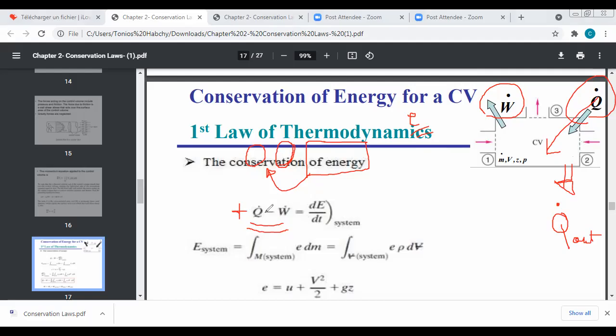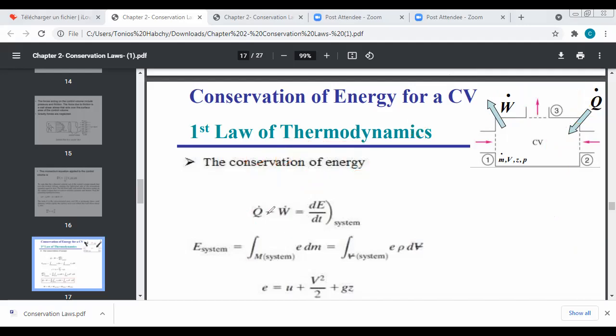The convention for work, for rate of work, is different. Some books will put plus W dot, but then the conventions will be opposite. Here we are working with the convention that the rate of work is positive when it is produced by the system, because in this convention we say it's a productive system if it's generating work.